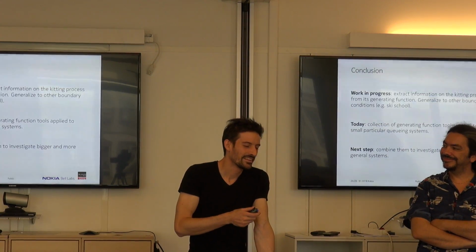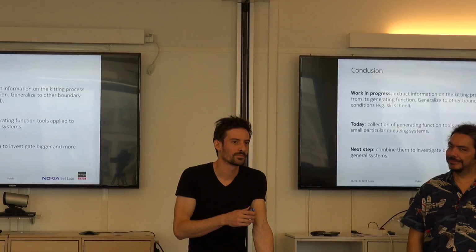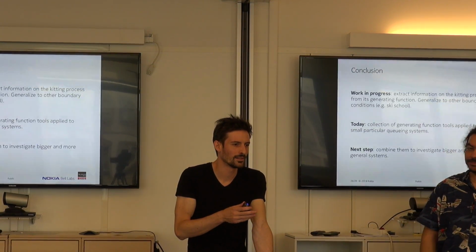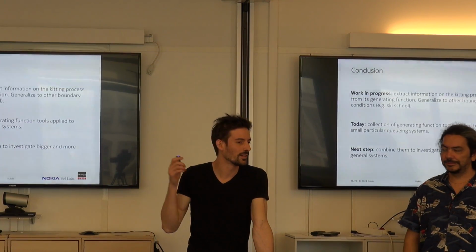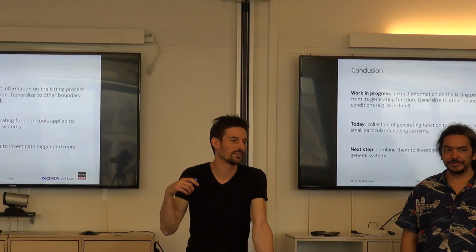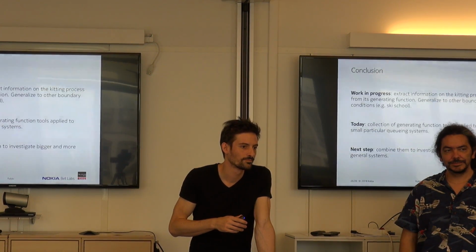Yes, we can absolutely treat the Poisson arrival process. We did not present it here, but it's a variant of the generating function where you look at the Laplace transforms, because you treat cases with memoryless properties.